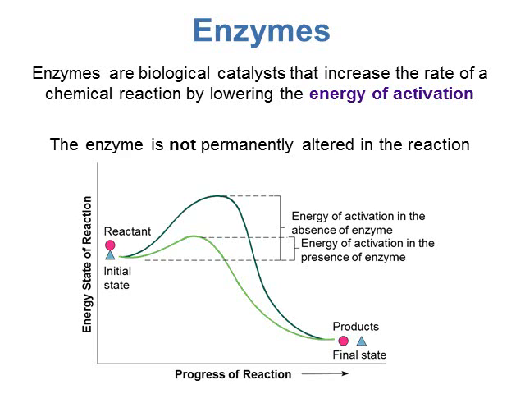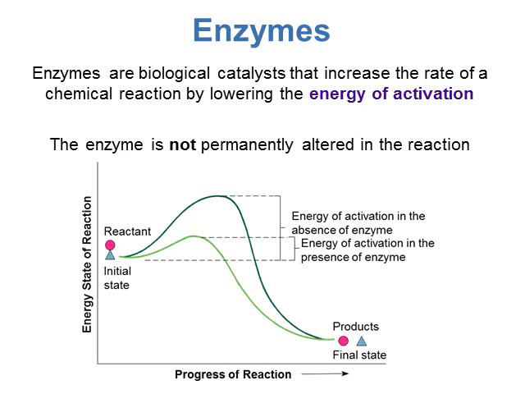It helps to speed up these reactions, and it does that by lowering something called the activation energy, or energy of activation. The energy of activation is the amount of energy needed to get a reaction started. So in order to start any reaction, we have to put a little bit of energy in it. You have to give it a little bit of a push to get things going.